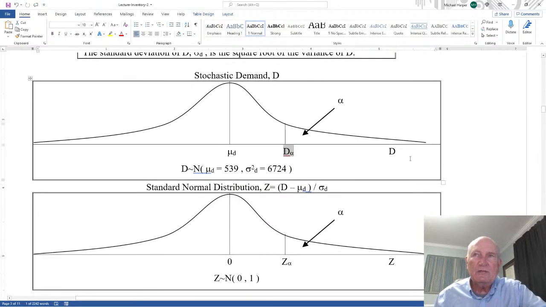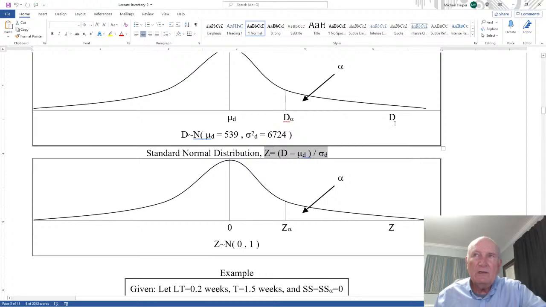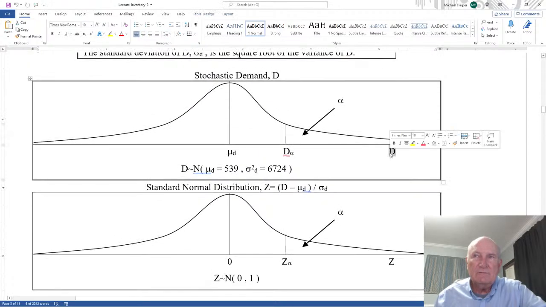Okay, we can transform the d to a z value by subtracting the mean and dividing by the standard deviation. This is a normal z transformation, where now the normally distributed random variable d can be replaced with the standard normal random variable z.